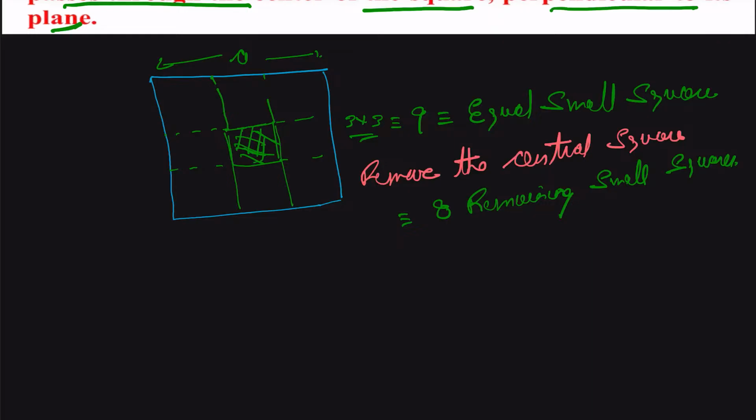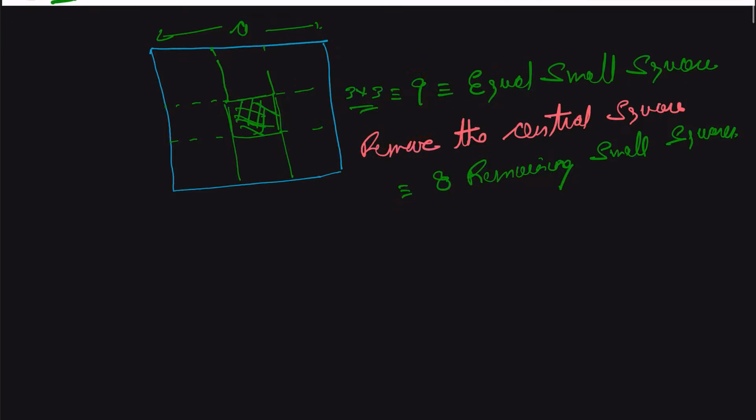Okay, so these 8 remaining small squares are going to have a side of a/3. Therefore, from here we can say each side will be equal to a/3. Okay, so this is our first iteration.